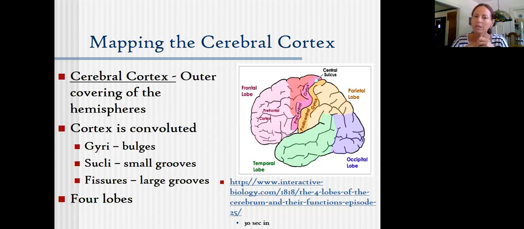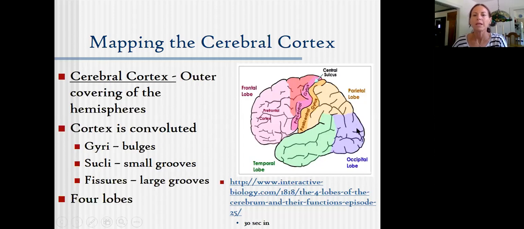The grooves are called sulci, singular sulcus. And a really, really large groove, like the longitudinal fissure I mentioned on the last slide, is called a fissure. Then there are 4 lobes that we map out.